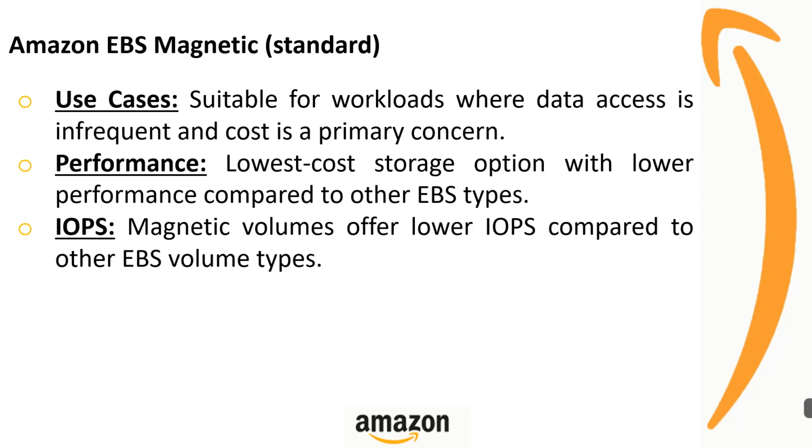Performance: a low cost storage option with lower performance compared to other EBS. It's a very low cost EBS, right? Input output per second: Magnetic volumes offer low input output compared to the other EBS volume types, right?